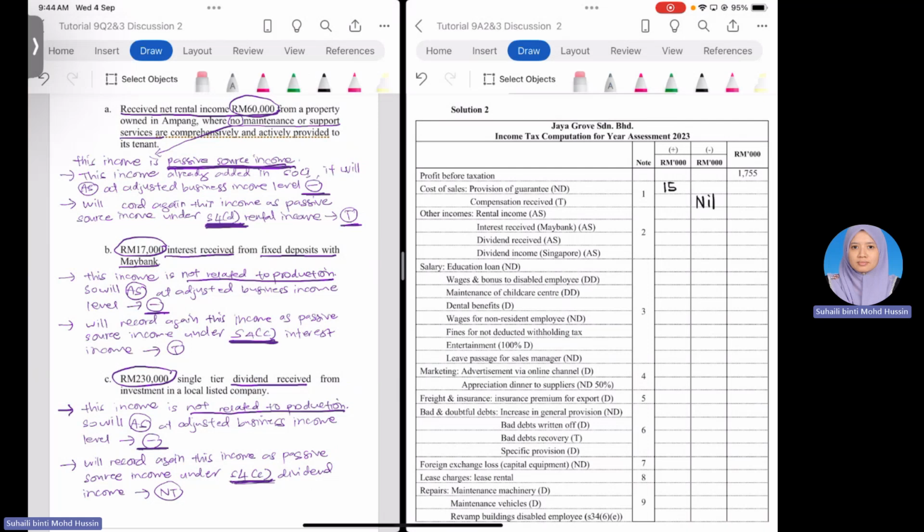Because the question stated that they are not providing comprehensive and active maintenance and support service. Automatically, we know that this rental is not related to the production, but is more a passive source of income. So at the adjusted business income level, of course, this rental income is not related to production of the household product. So we have to minus out the amount, 60,000 ringgit, and it will be recorded again under the class of income section 4 subsection D.